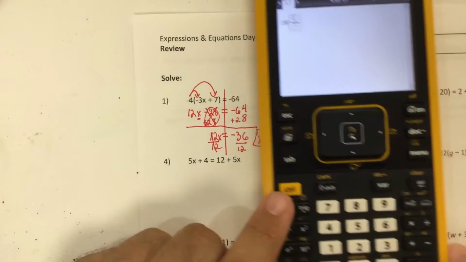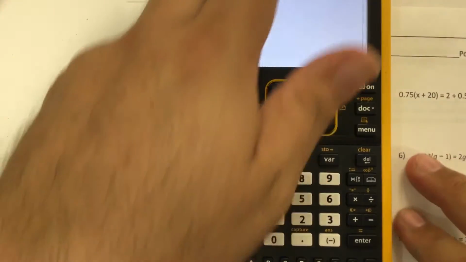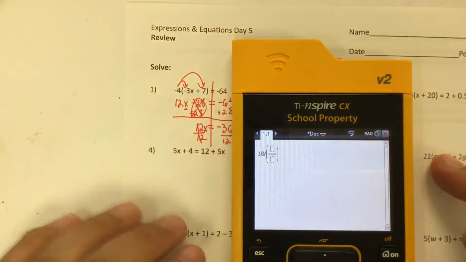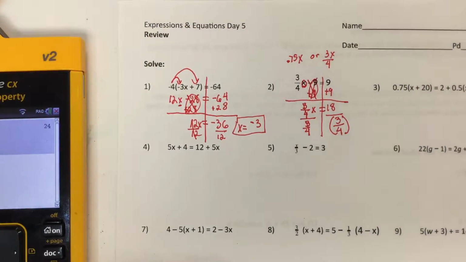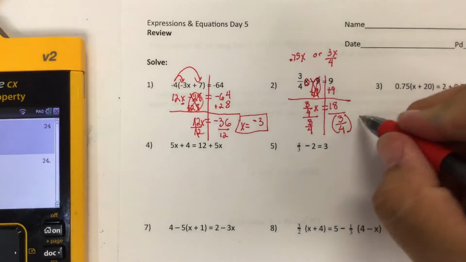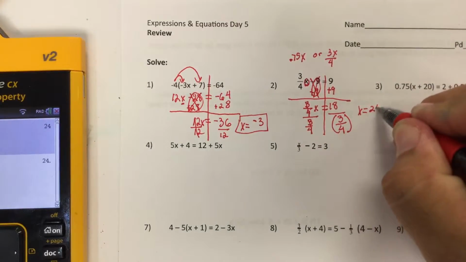I'm hitting the control and then the divide button. That gives us that little fraction key that we see here. Okay, divided by 3 on the top, 4 on the bottom. Close parentheses. And then we press enter. So that gives us 24. Okay, so that tells me x is equal to 24.